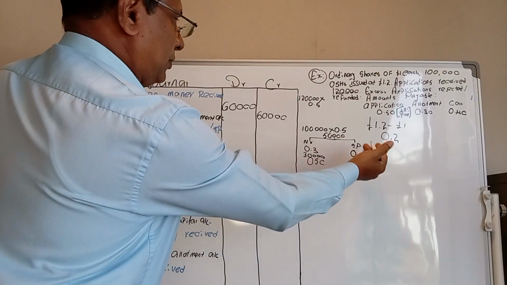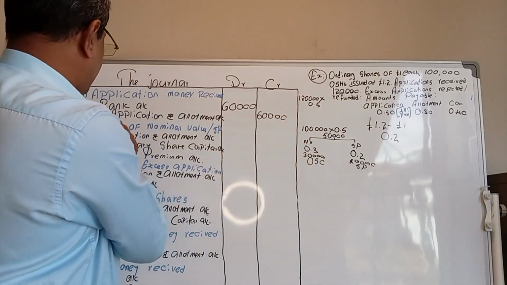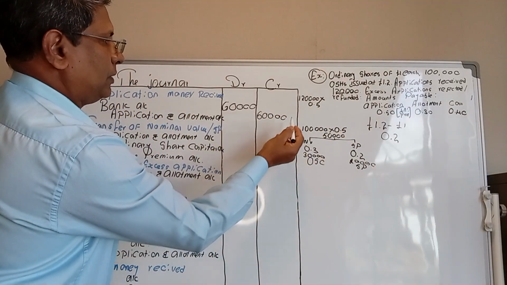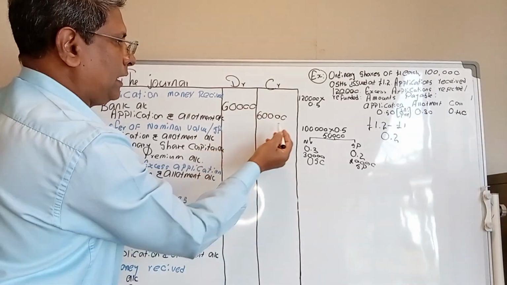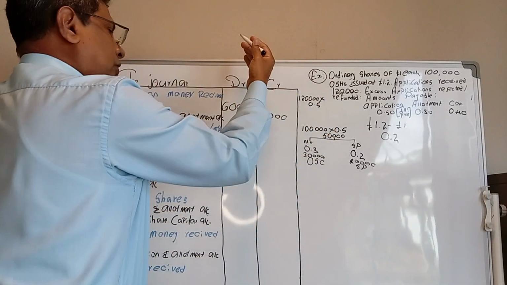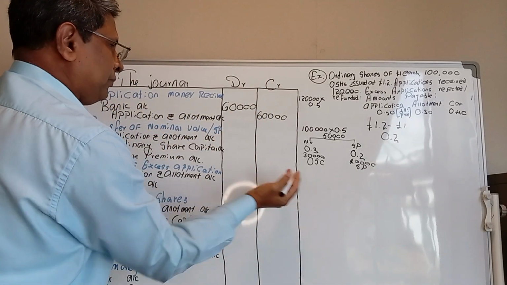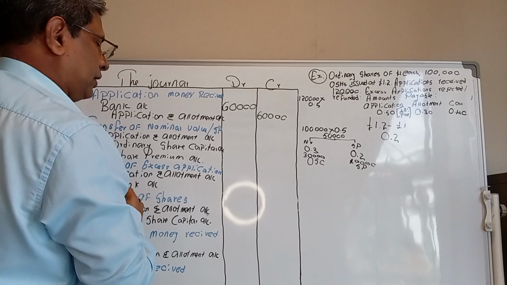Now we have found the two amounts. Where is this 50,000? This 50,000 is already in the application and allotment account. How will I transfer it? If I want to remove it from here, I will debit my application and allotment account.